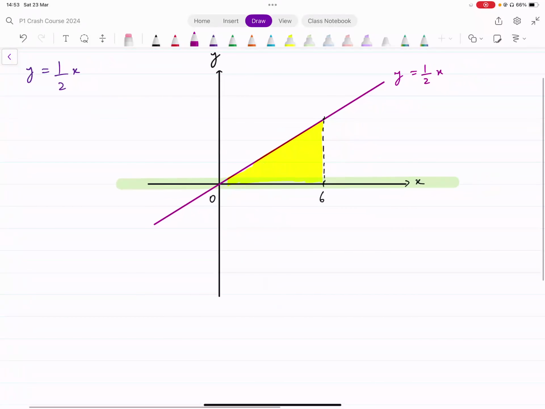Rotate this area about the x-axis, you would get a shape that looks something like this. When you rotate it, this line is going to rotate 360 degrees about the axis, and you would end up getting a cone like this. Does that make sense?